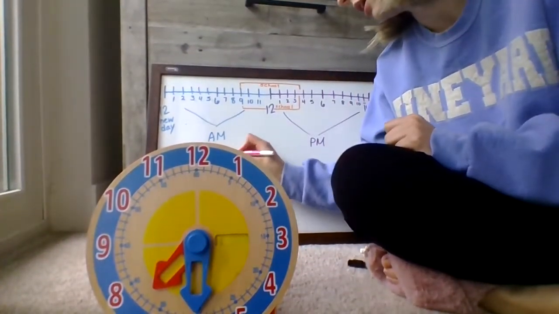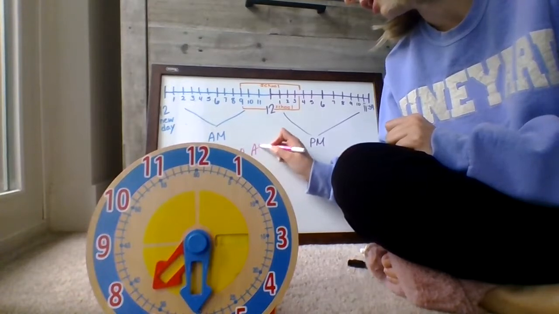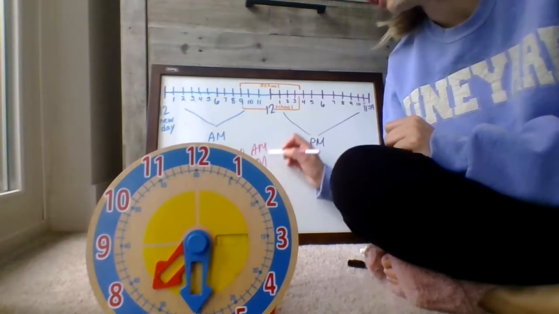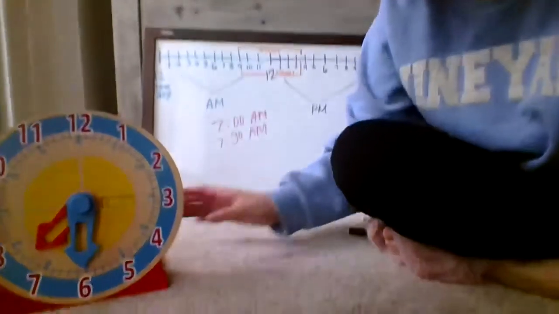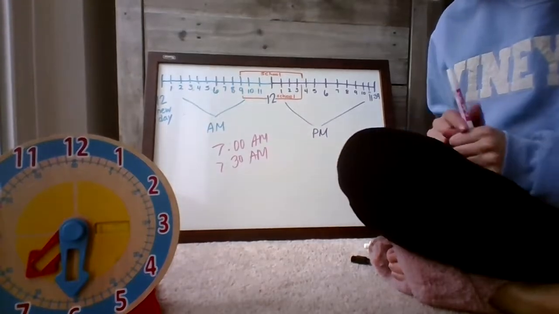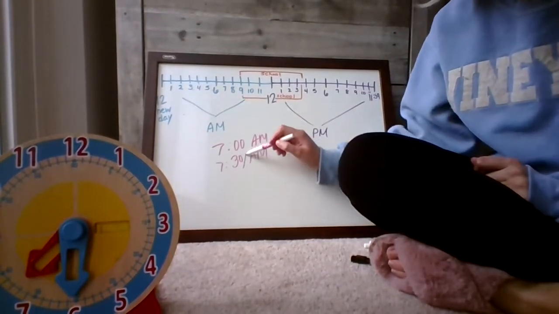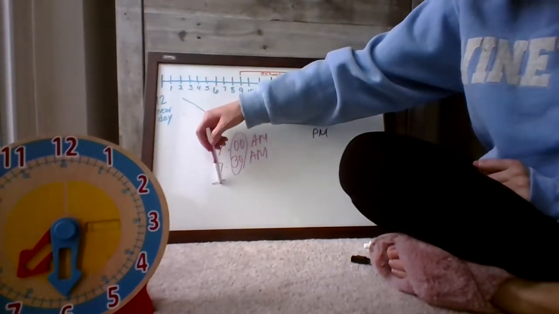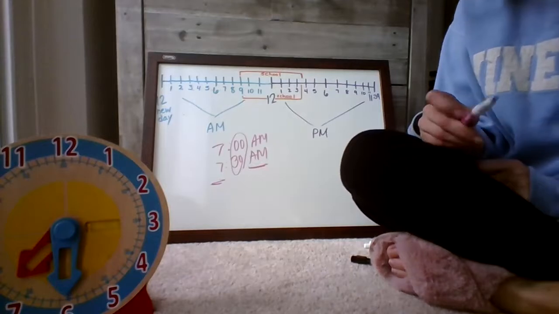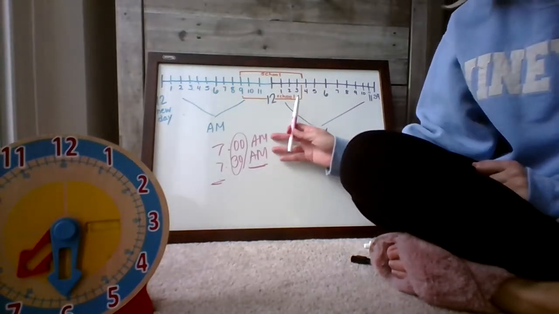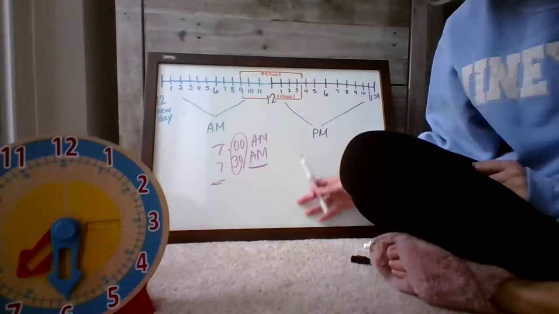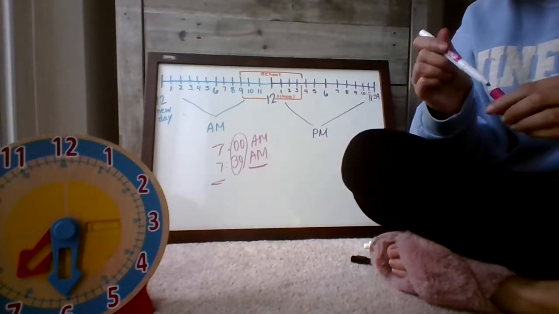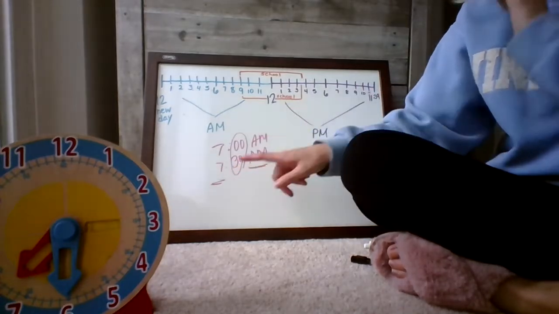We started at 7 o'clock a.m. and we want to know if we leave at 7:30 a.m., how much time has passed. Do you see this right here? What's the difference? It stayed the same hour because they are both 7 and they are both a.m. So it's in the morning and it's the same day, right? They didn't say the next day. What changed here? The minutes changed, right? Because it goes hours, then minutes.